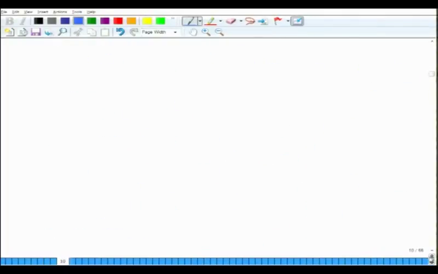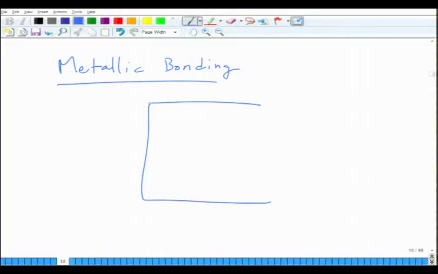Alright, and the third bonding, which is of primary nature, is called metallic bonding, and most metals have this kind of bonding present. In fact all metals are bonded with metallic bonding. So, what you have here is basically, suppose this is a volume in which atoms are there.